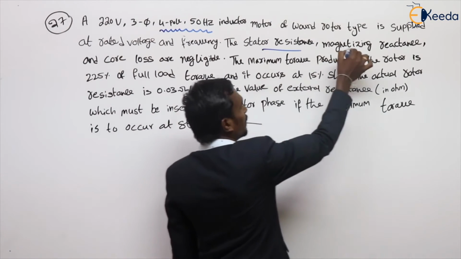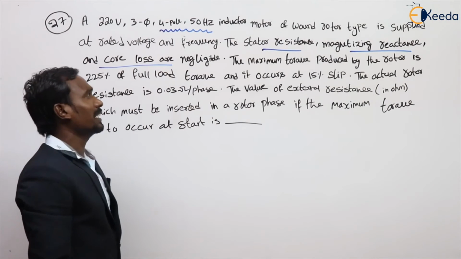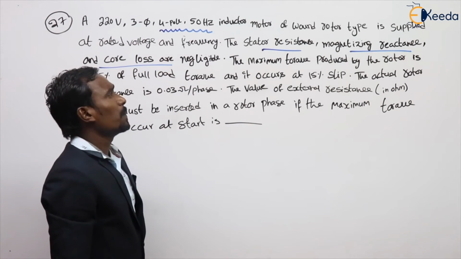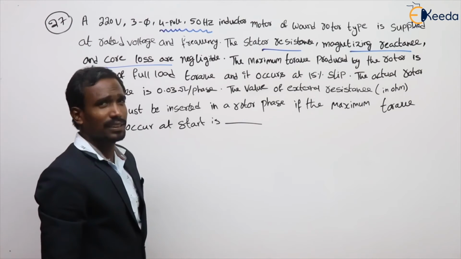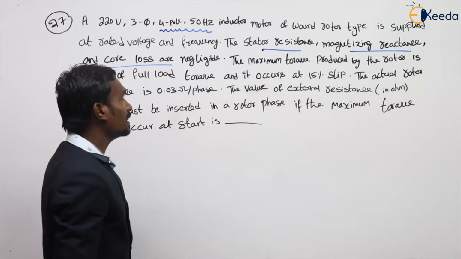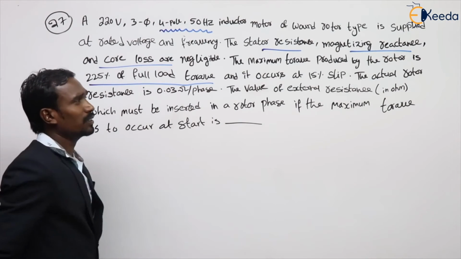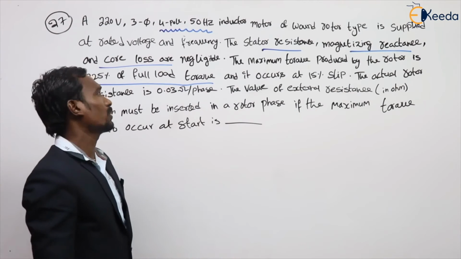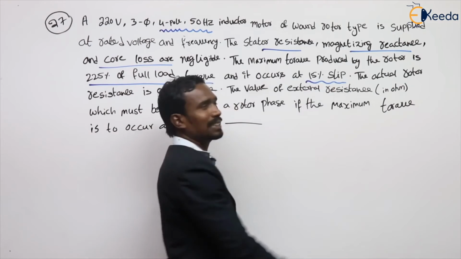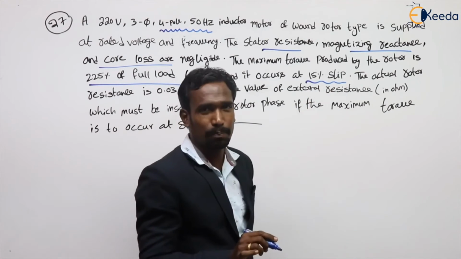The maximum torque produced by the rotor is 225% of full load torque, and it occurs at 15% slip.